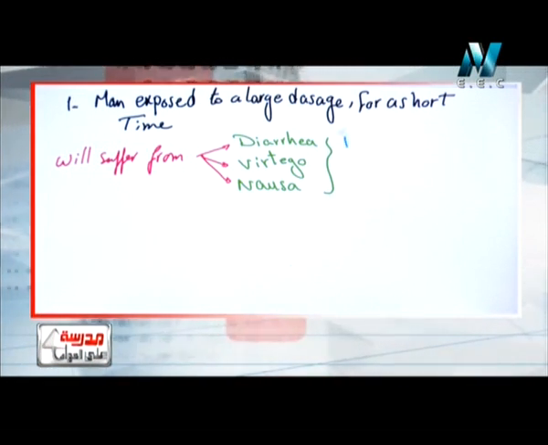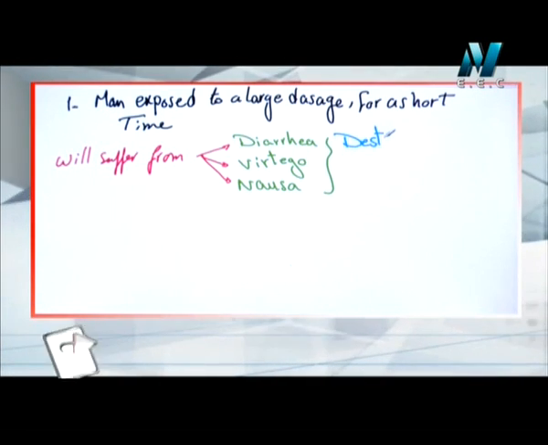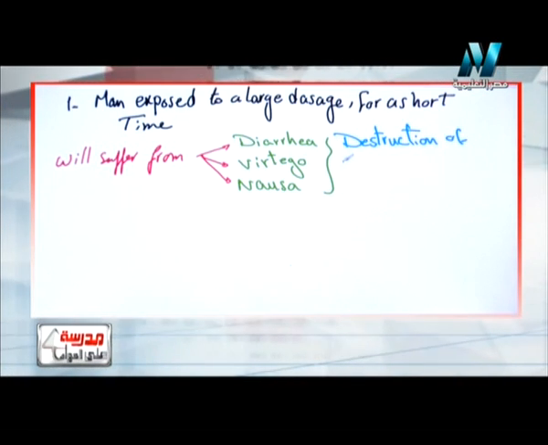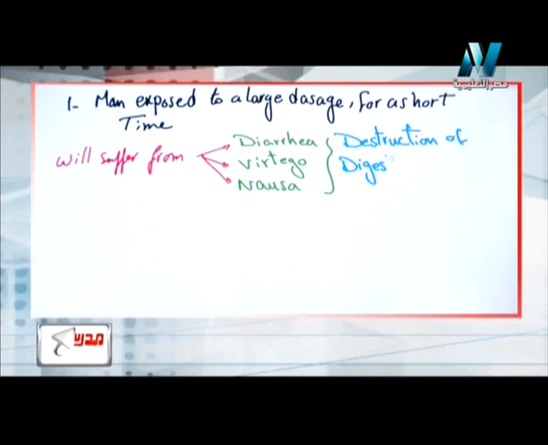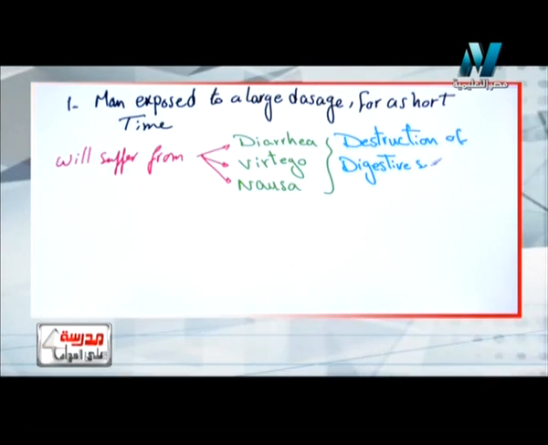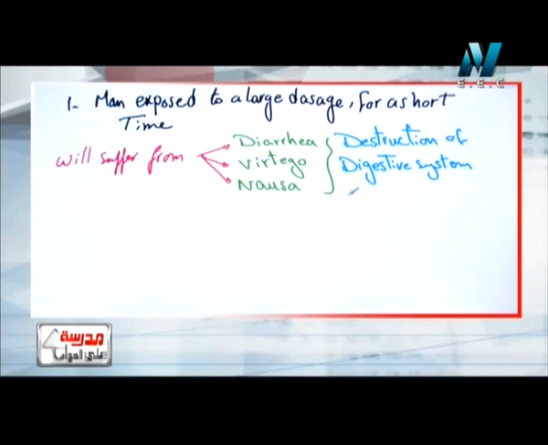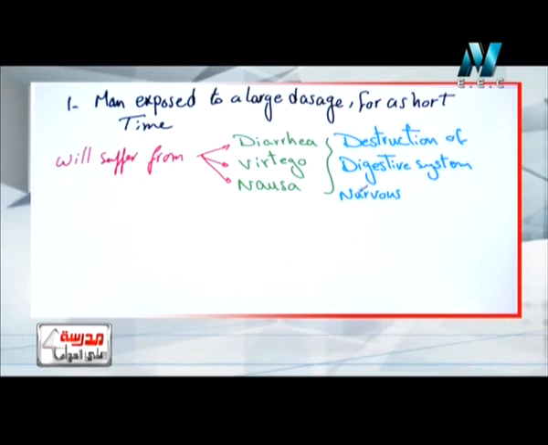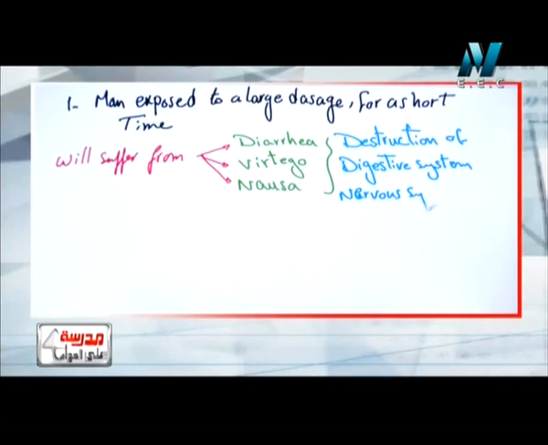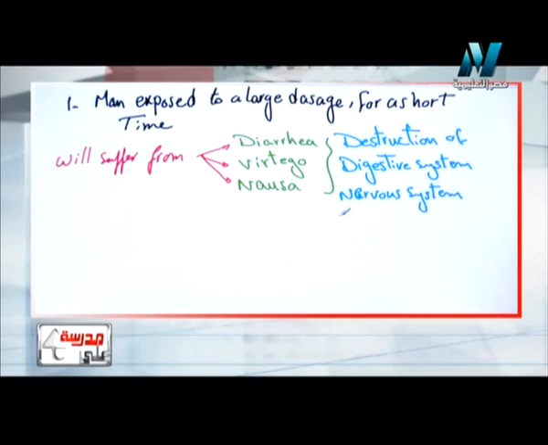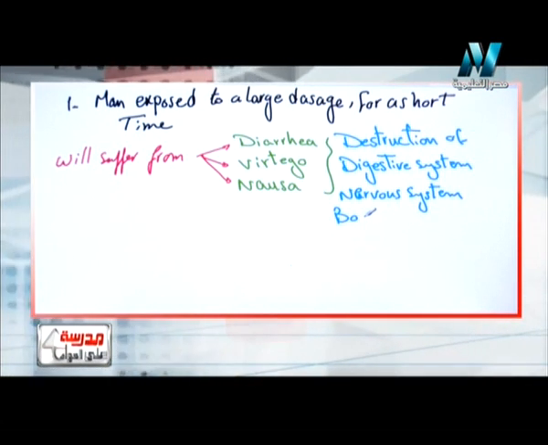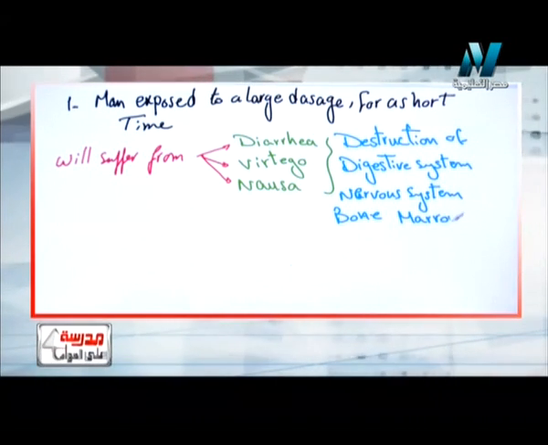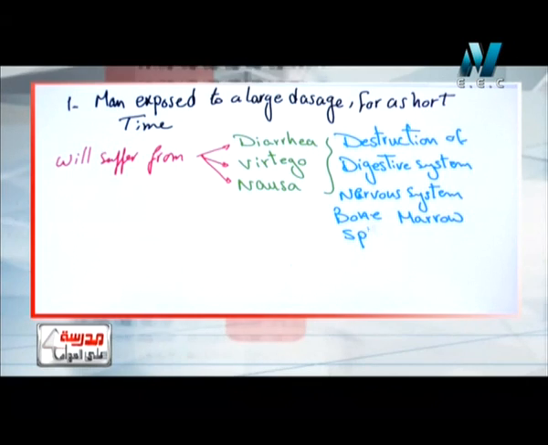Due to the destruction of the digestive system, nervous system, and of course bone marrow (نخاع العظم) and spleen (طحال).